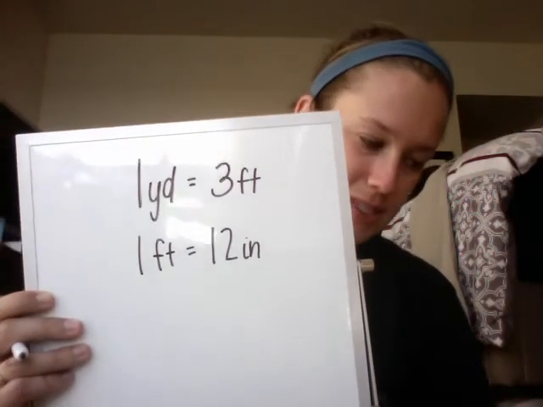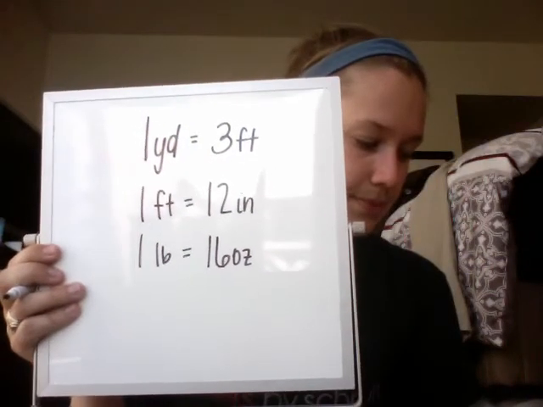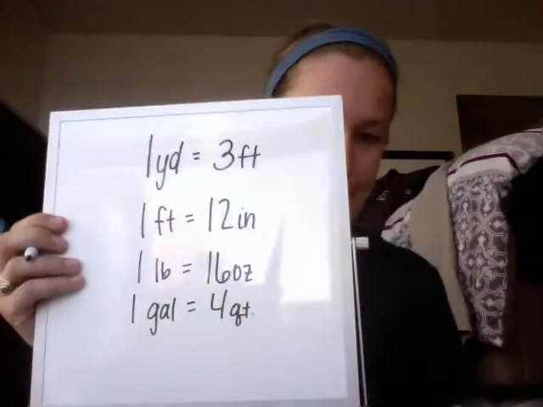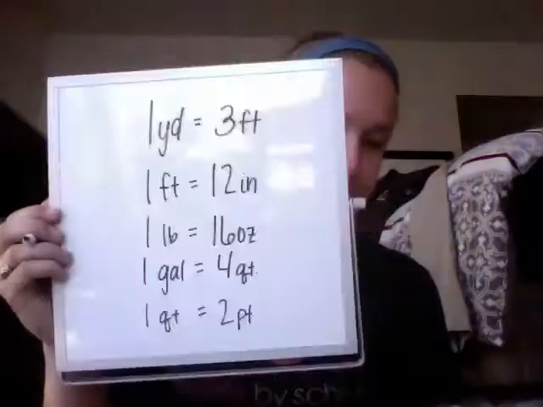Remember to pause me and write these down. 1 pound is equal to 16 ounces. 1 gallon is equal to 4 quarts. 1 quart is equal to 2 pints.